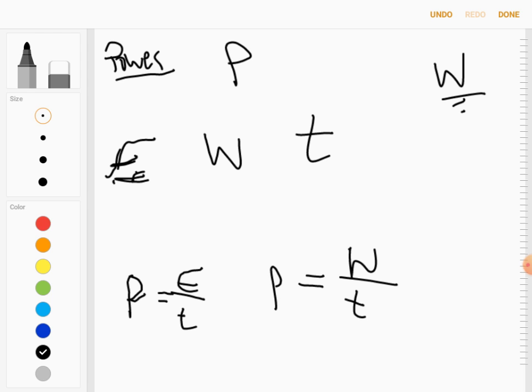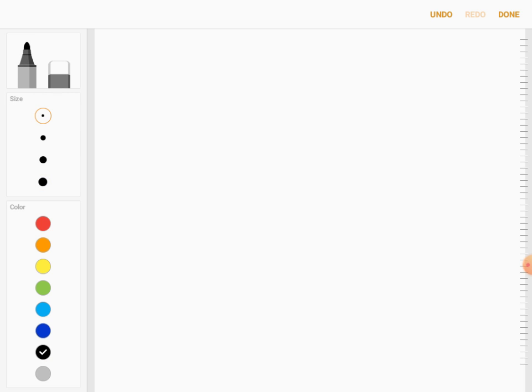You might have to convert to watts, just like how we had to convert to joules when we were doing the equation at the beginning. So then here's the equation for that. 1 watt equals 1 joule over the time in seconds in a certain case.